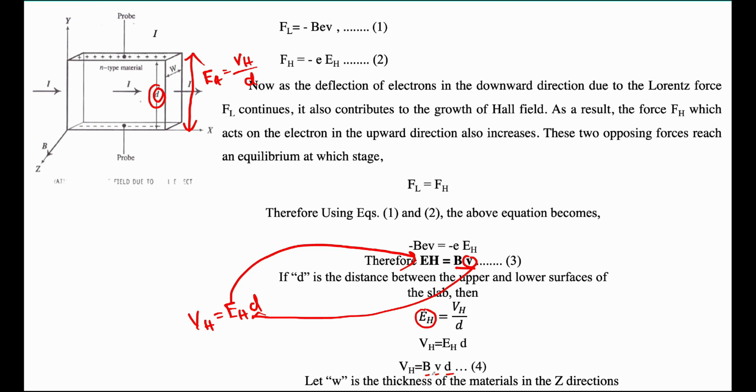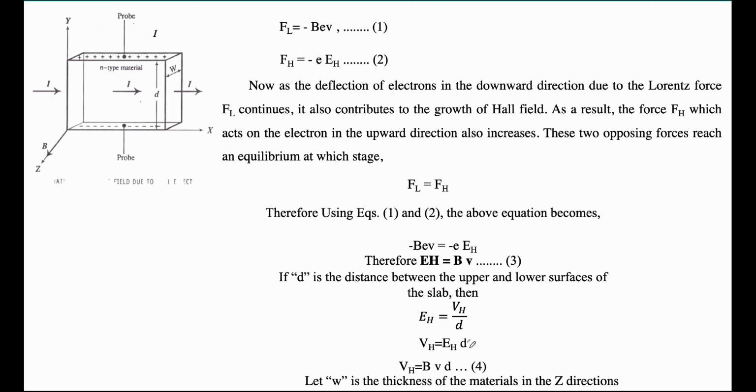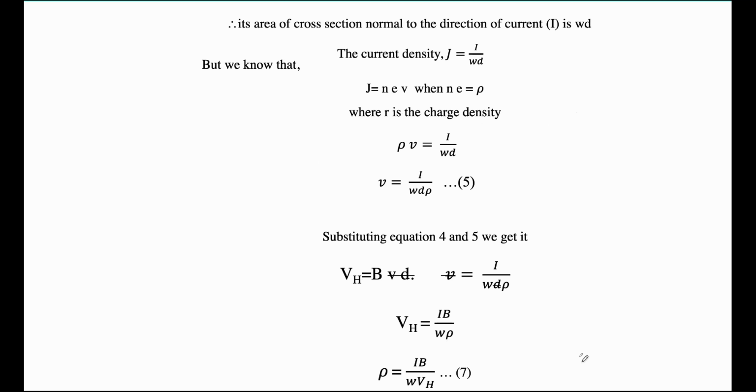distance between two surfaces. Okay, now W is the thickness of the material, and in the z direction magnetic field is introduced. Due to that there is also a current. So the current density equation is J equals I by WD. J is nothing but nev.